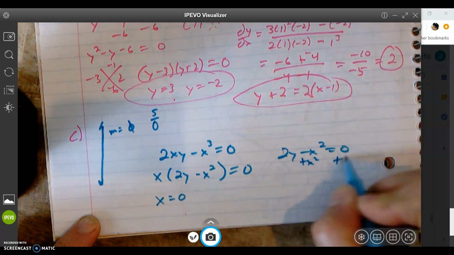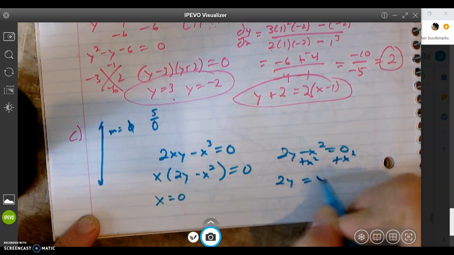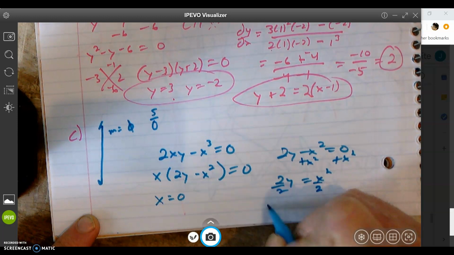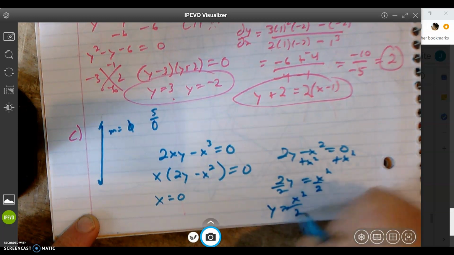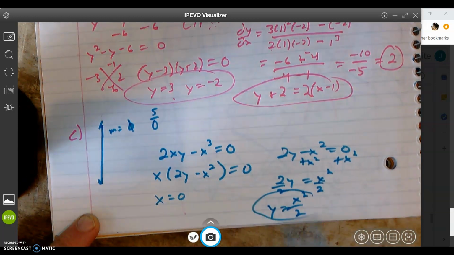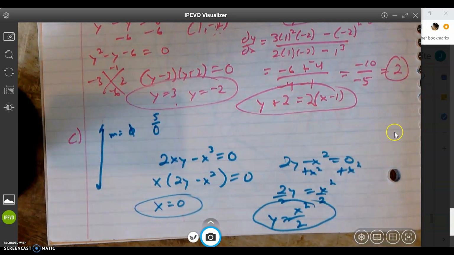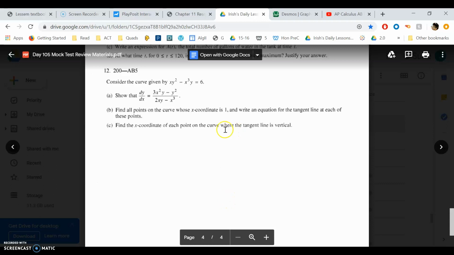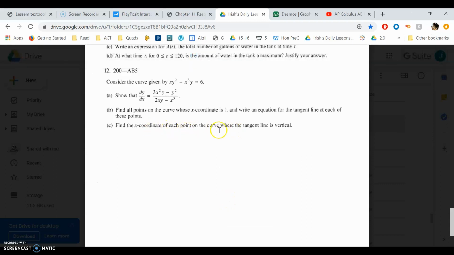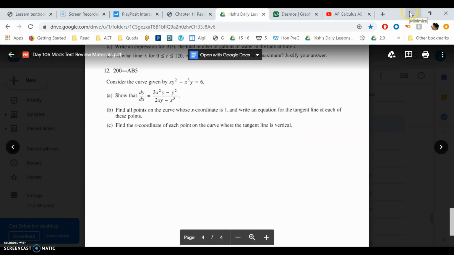Plus x squared, 2y equals x squared, so y equals x squared divided by 2. So when y equals x squared divided by 2, and when x equals 0, these are the 2 cases giving the x-coordinate of each point on the curve where the tangent line is vertical. There you go. So we got this and this, and we're done.